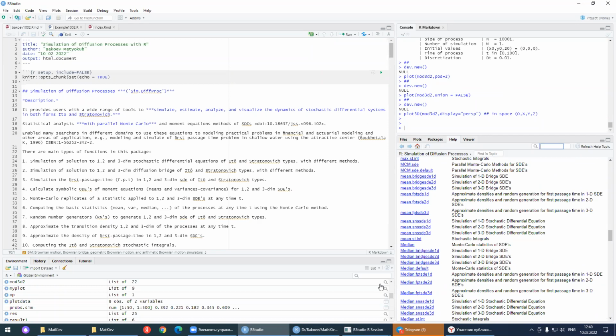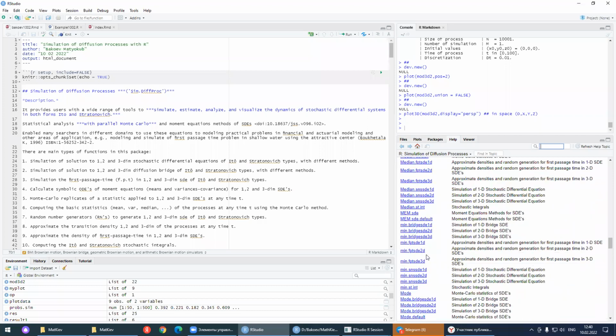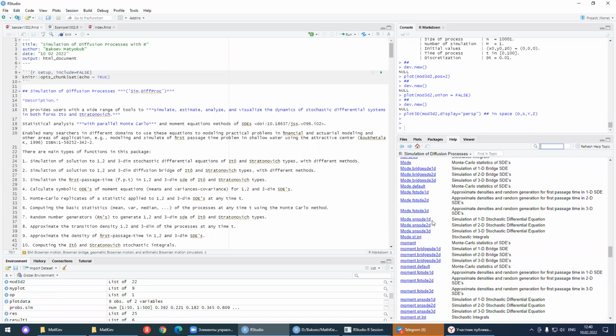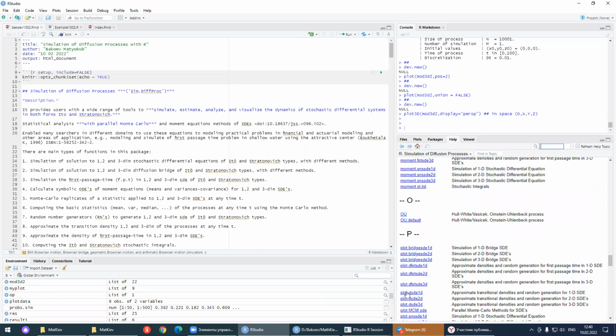It is a very good and very suitable package. You can find a lot of packages for stochastic modeling in R. Nowadays R is one of the more popular software, and you can do a lot with it.